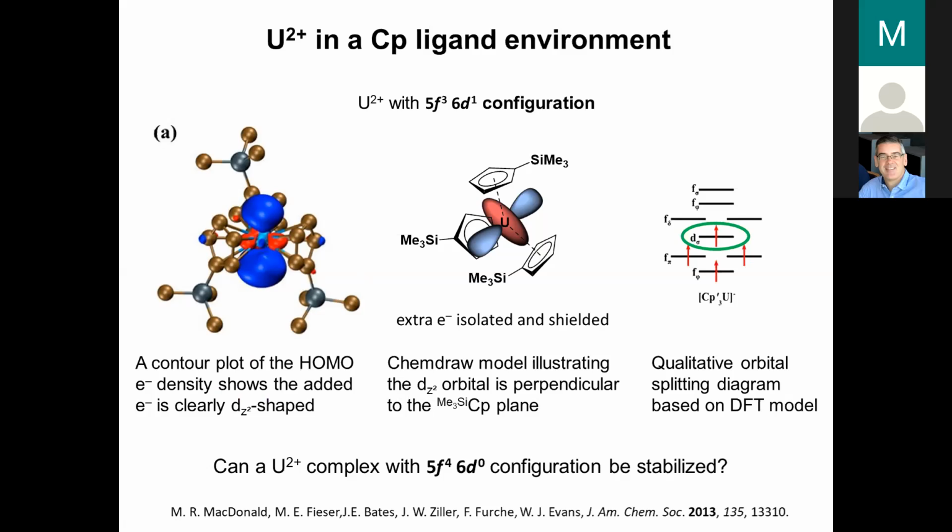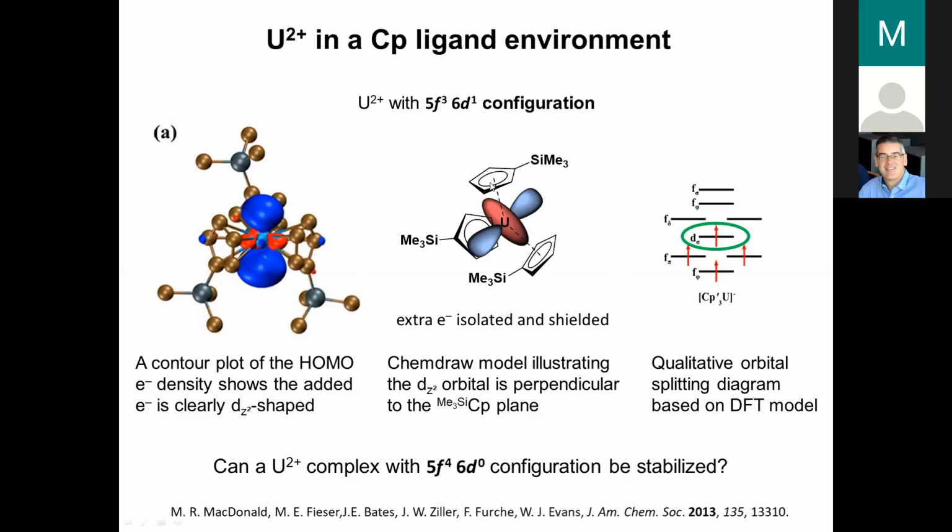molecular orbital. At the center of this slide, I have drawn a little cartoon or ChemDraw figure to illustrate the orientation of the entire molecule and this additional electron from a different angle.